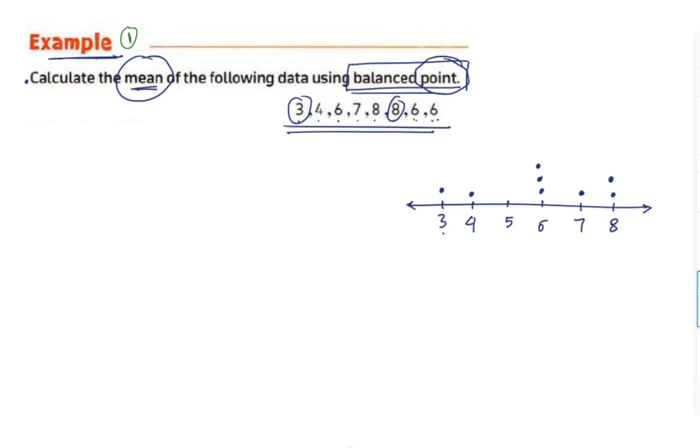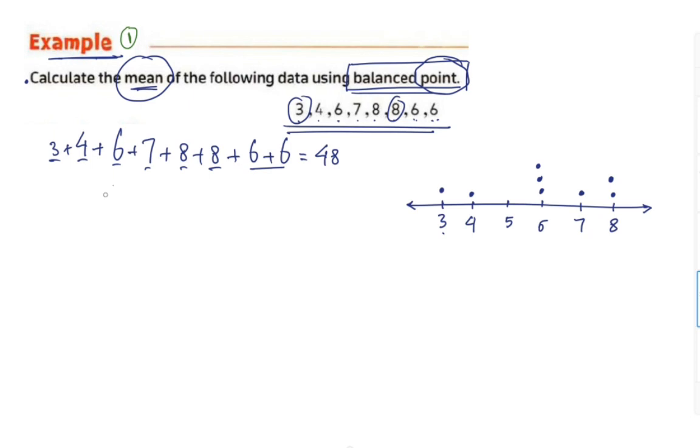If you add all of these values, we have 3 plus 4 plus 6 plus 7 plus 8 plus 8 plus 6 plus 6 equals what? 3 plus 4 equals 7. 7 plus 6 equals 13, plus 7 is 20, 28, 36. 36 plus 12 equals 48, right?